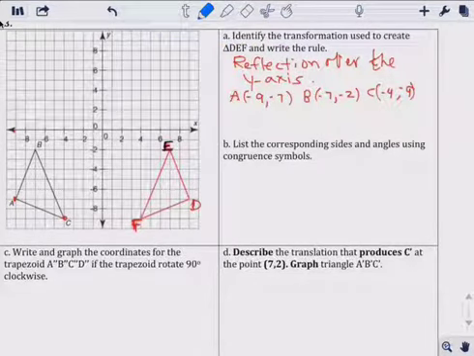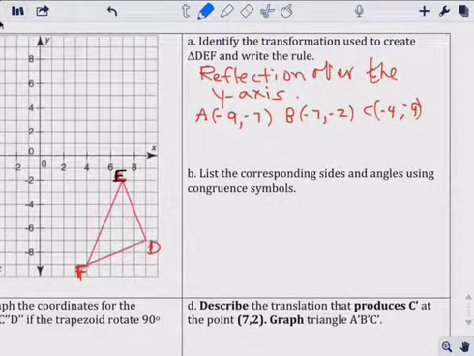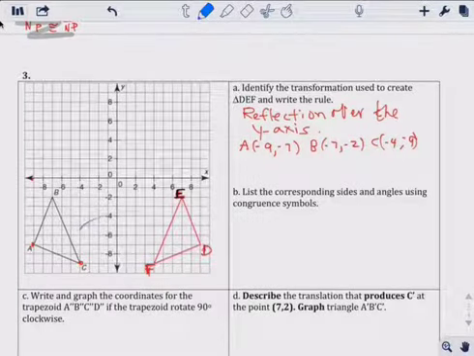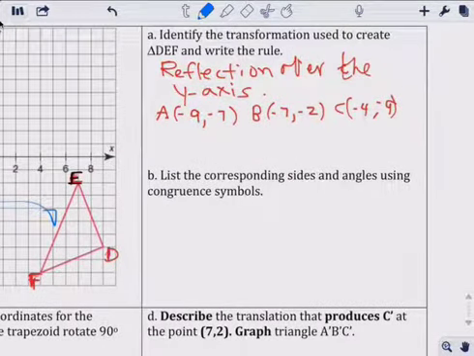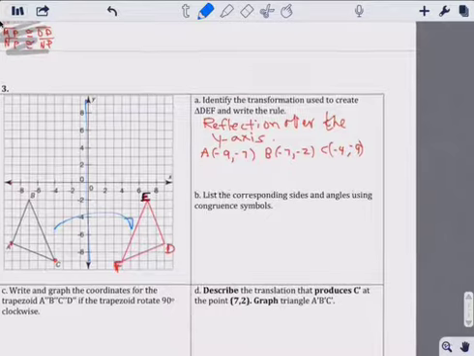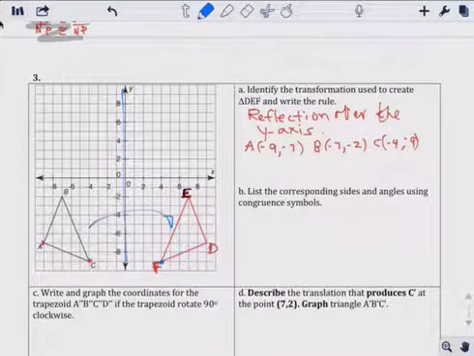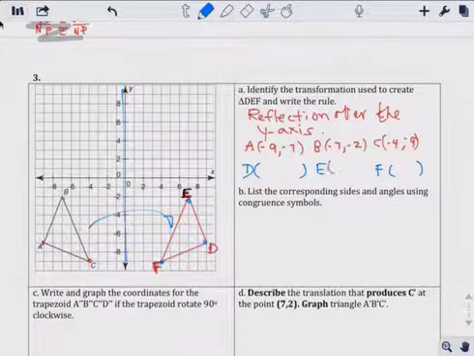Now the reflection. It's over the y-axis. From here to here, it's over the y. Here's the y line it went over. So our new coordinates: C is F, so F is C. D is A, and E is B. That's how I do it.